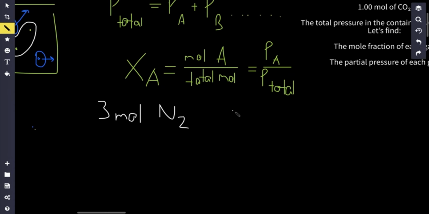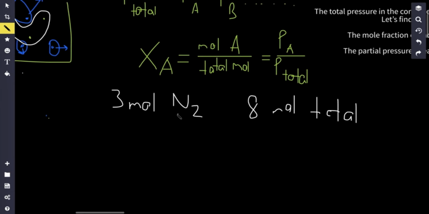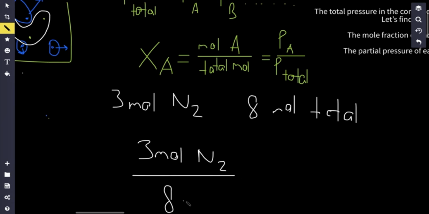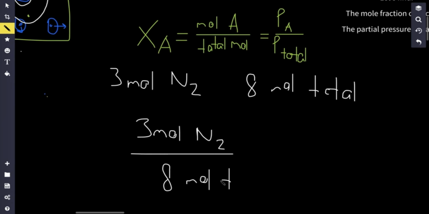Well, the mole fraction is the ratio between the amount of the gas you're focusing on and the total. So in this case, there's 3 moles of N2 divided by 8 moles total. The ratio of N2 to the total amount is 3 over 8, and N2 makes up 3/8 of the total amount of gases in this container.